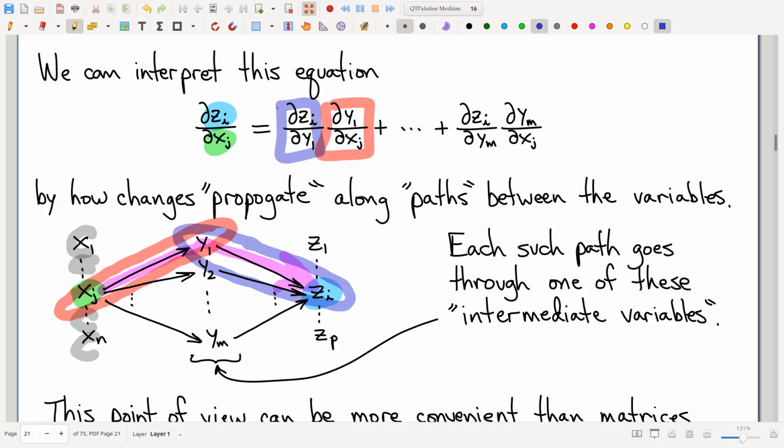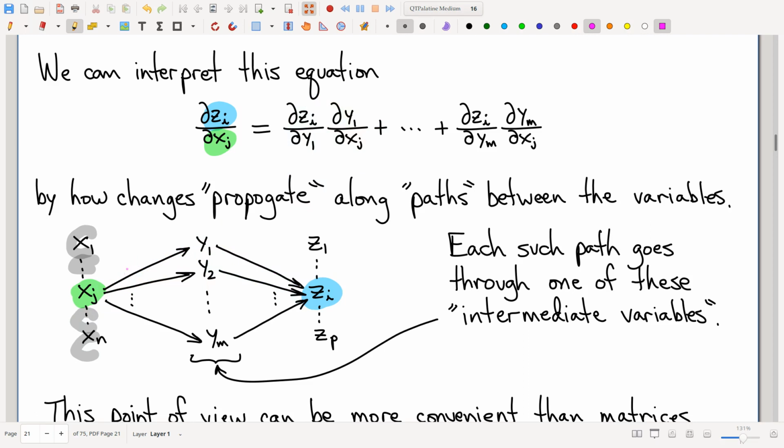Right, so all together, the term that I'm highlighting here in purple tells you how much changes in xj propagate through y1 to cause changes in zi. This term corresponds to this path of propagation. And likewise, for every other path, there's a corresponding term.